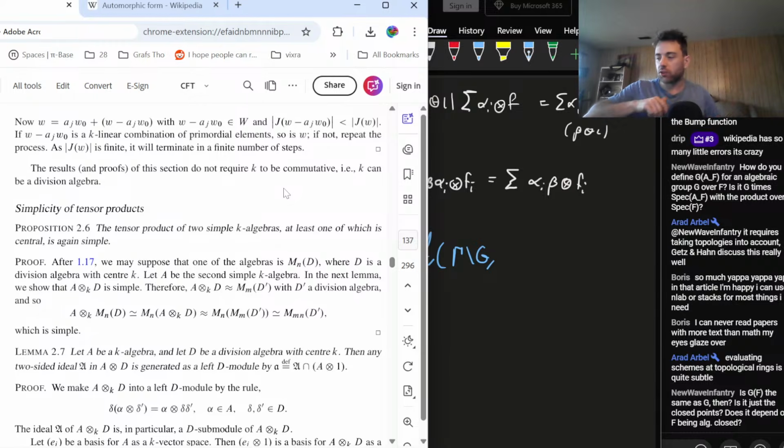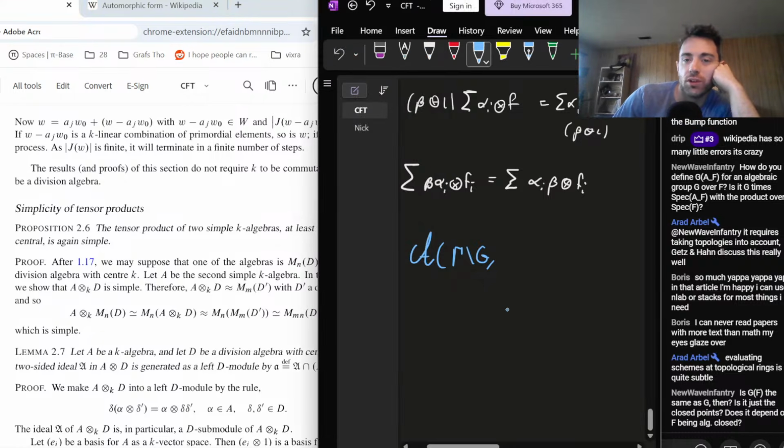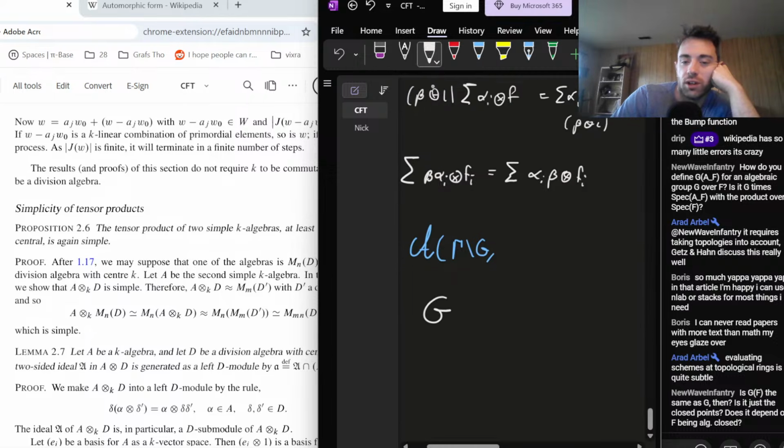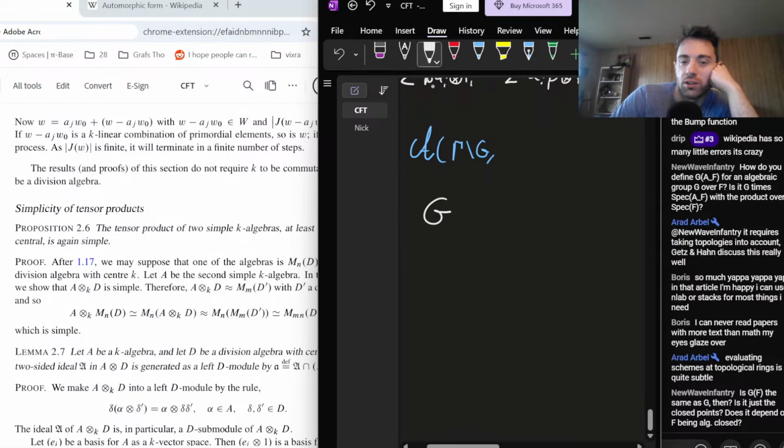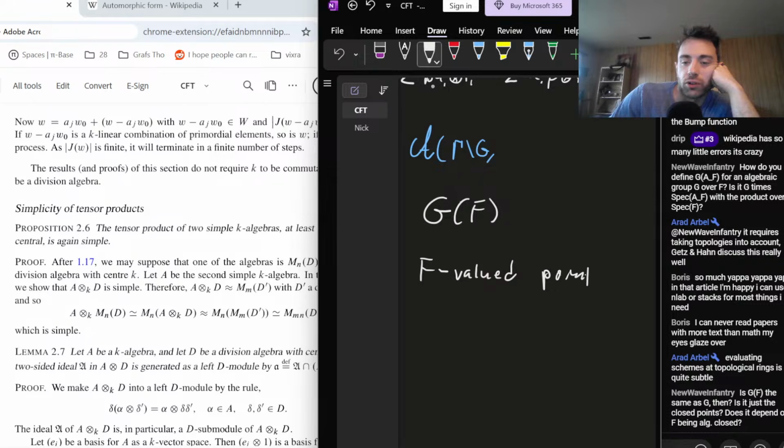Well, no, because if you're doing this the right way, the modern way, you would define G from a functor of points perspective. So you basically define G as some sort of functor, and then GF would be the F-valued points of your group.